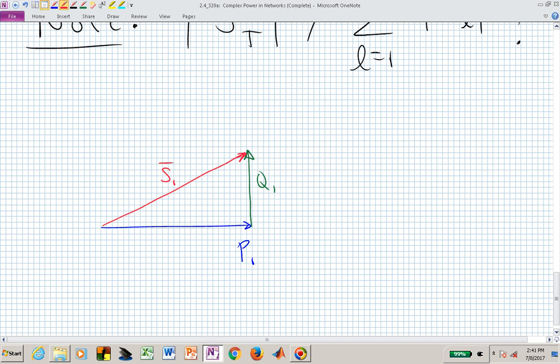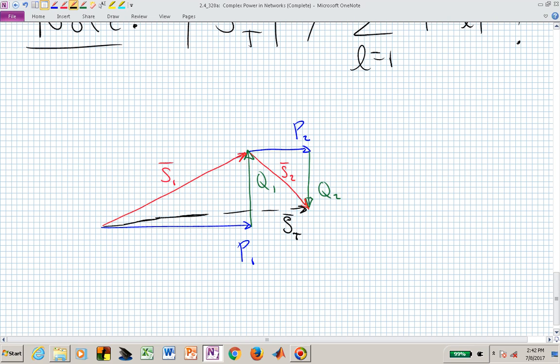Now if we connected another load to that system that had a real power, let's say P2, and had a reactive power, and let's say that it's not inductive but actually capacitive in nature, Q sub 2, so that the complex power of the second load is S sub 2, then the head-to-toe interconnection of those powers would give us a total complex power S sub t.